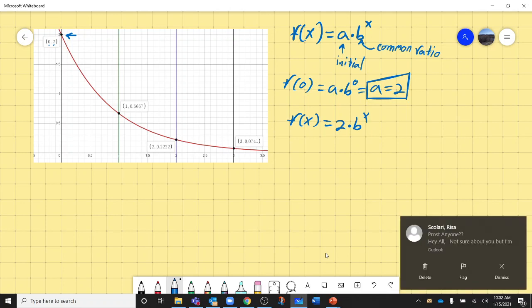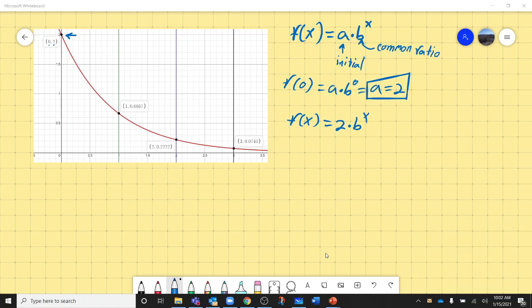And now we will look at what our common ratio would be. The easiest way to do this is to build a table and put some of the values in. Here's our x, here's our f of x.